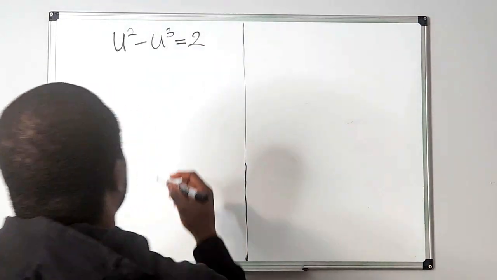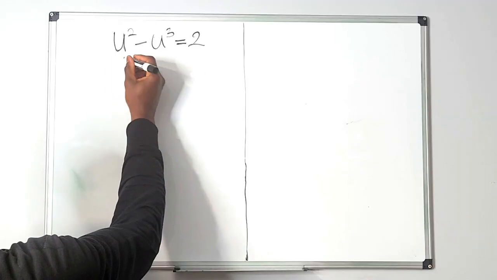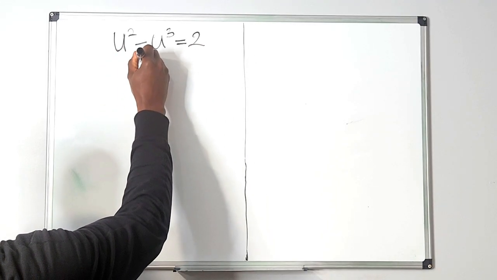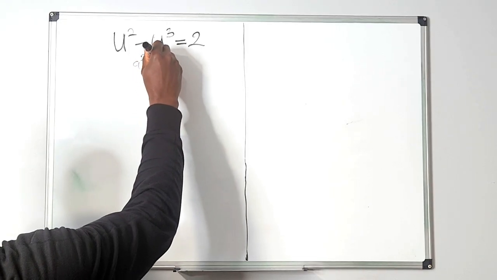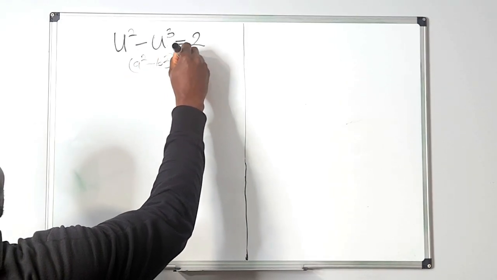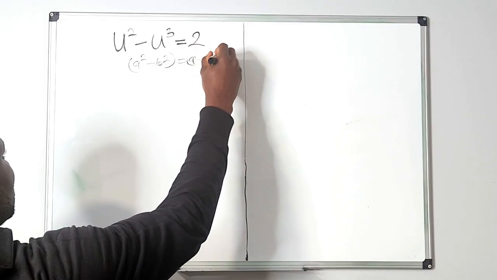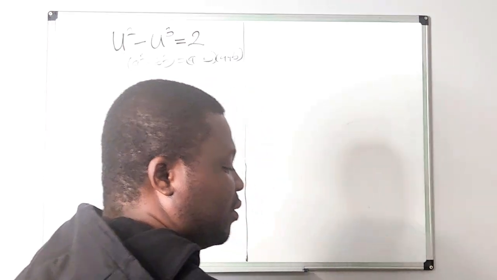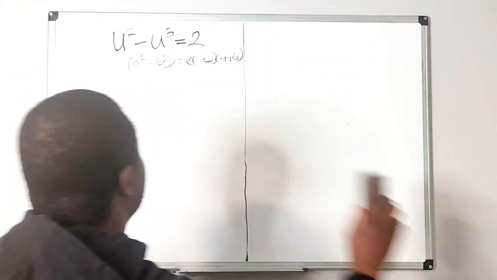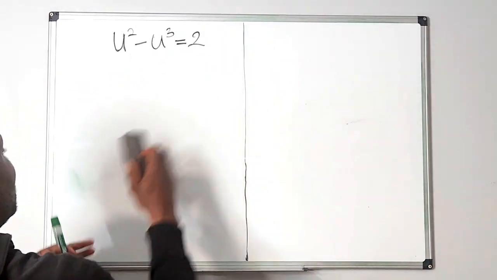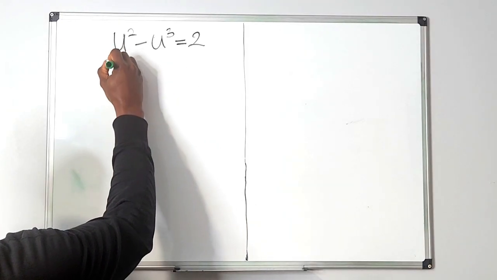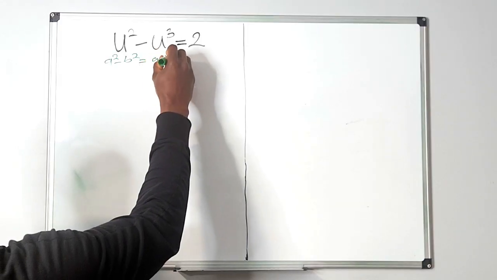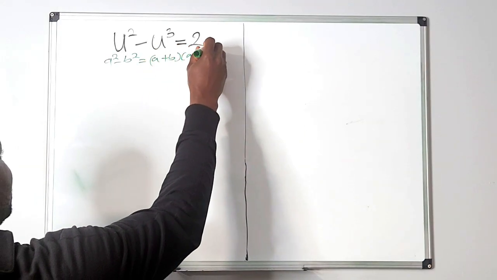Okay, so we start with rewriting this 2, because we're trying to form this a minus b, a plus b. This is what we're trying to achieve: a squared minus b squared equals a plus b, a minus b.